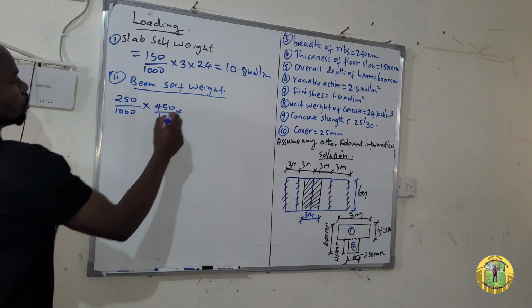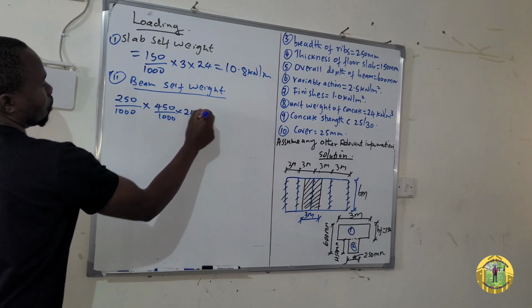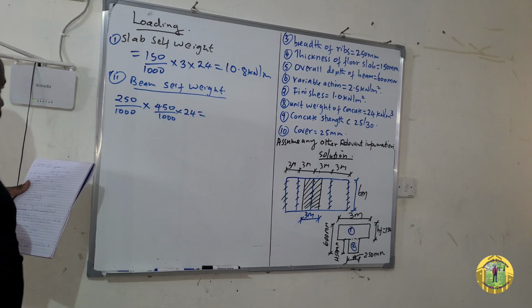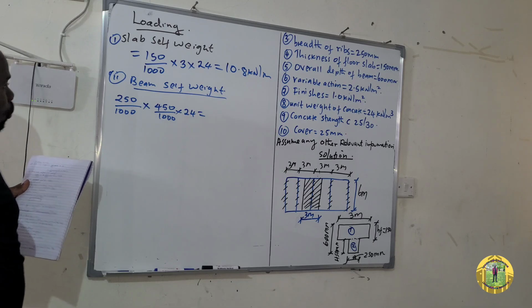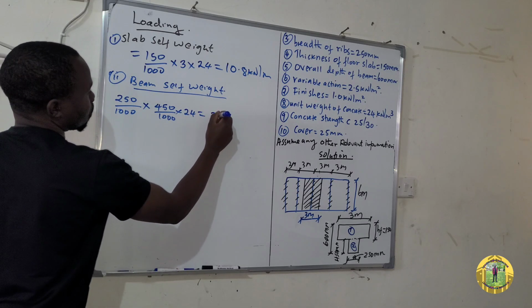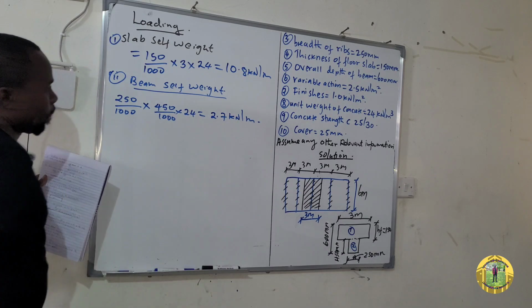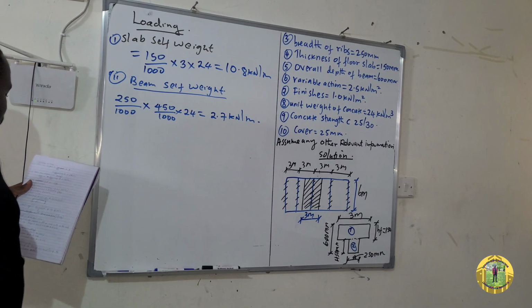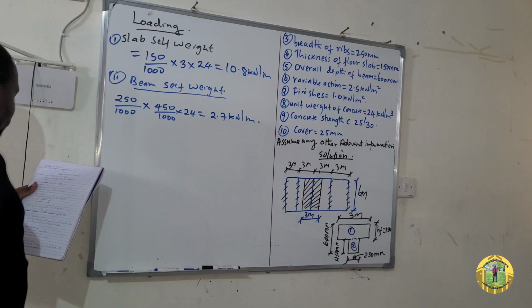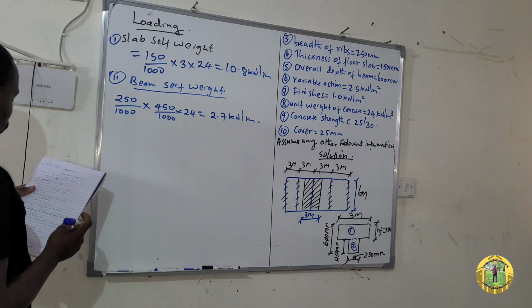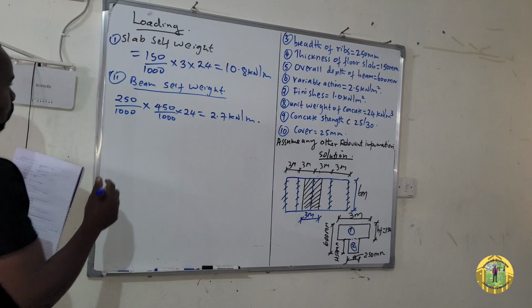Then times 24, which is the unit weight of concrete, and you will get 2.7 kilonewton per meter. That is the beam self-weight. And then we proceed to the total load on beam, not slab. Total load.